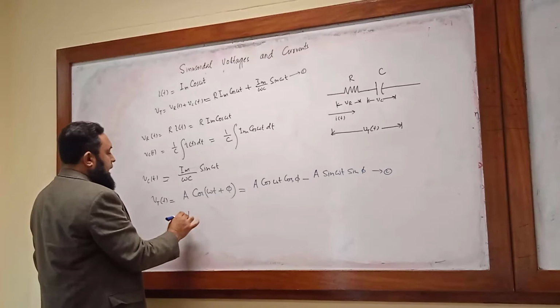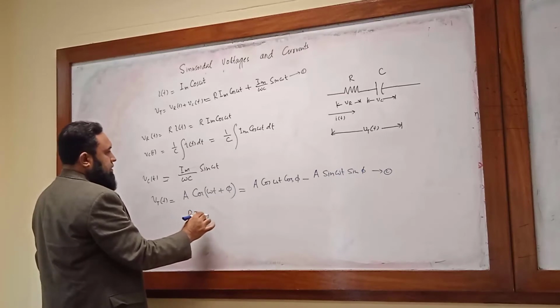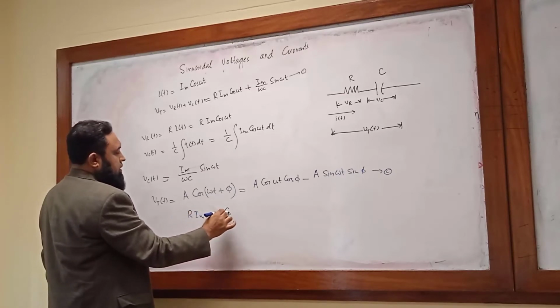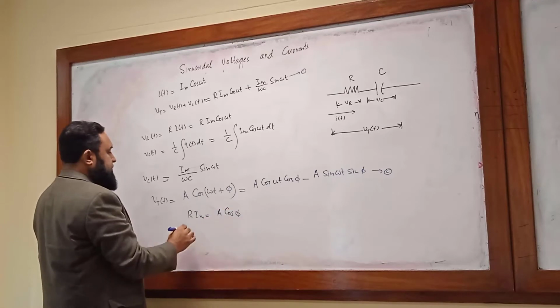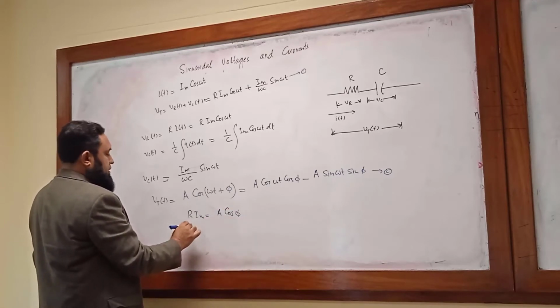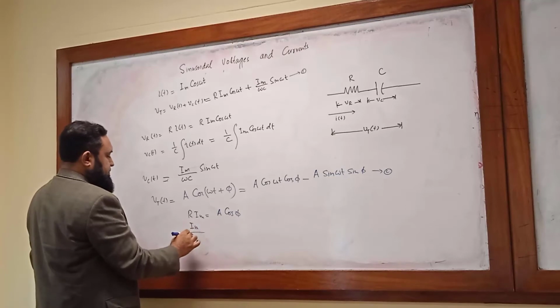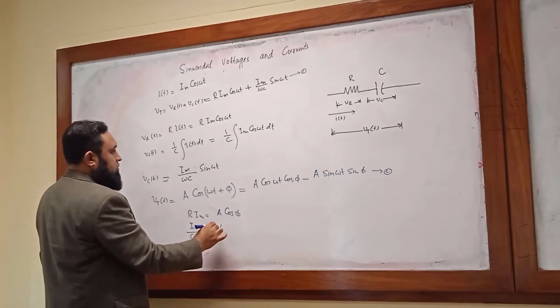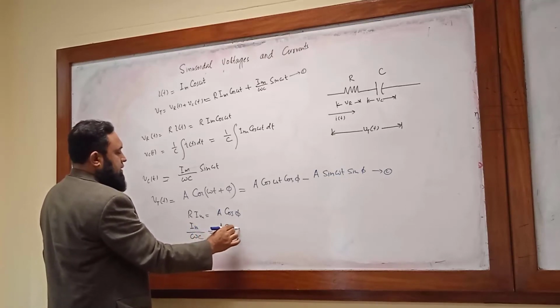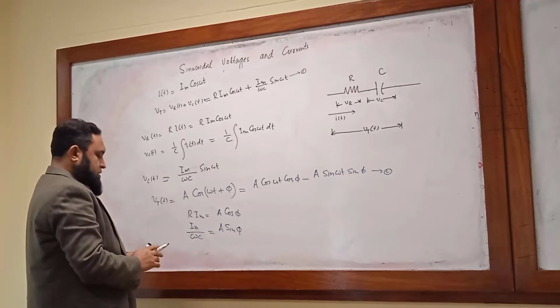So R Im is equal to A cosine of phi, and Im over omega C is equal to A sine of phi.